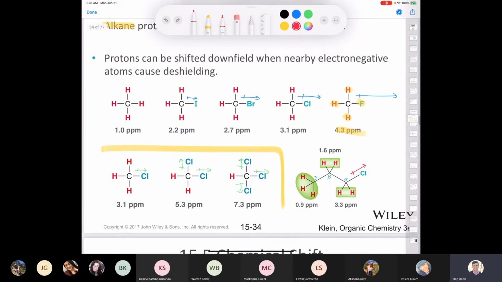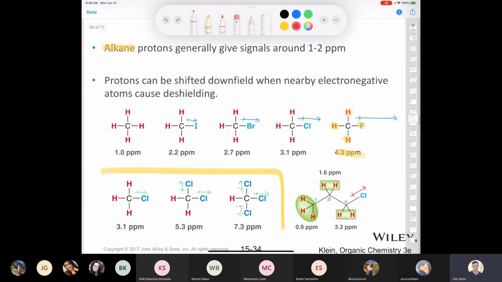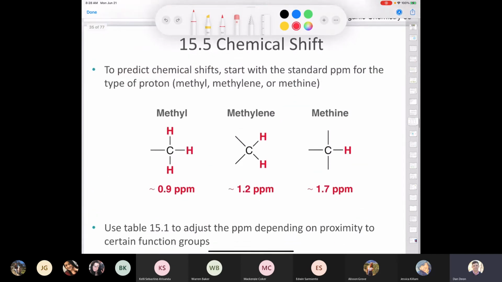So now we've got three different things that can affect the chemical shift of a proton. A baseline that you're going to want to have for chemical shifts with respect to TMS is a methyl, a methylene, and a methine. Everybody has to have this memorized. Just put it in your hat. If you have a methyl, a CH3, all three protons are chemically equivalent, and they're going to have a chemical shift baseline of 0.9 parts per million.